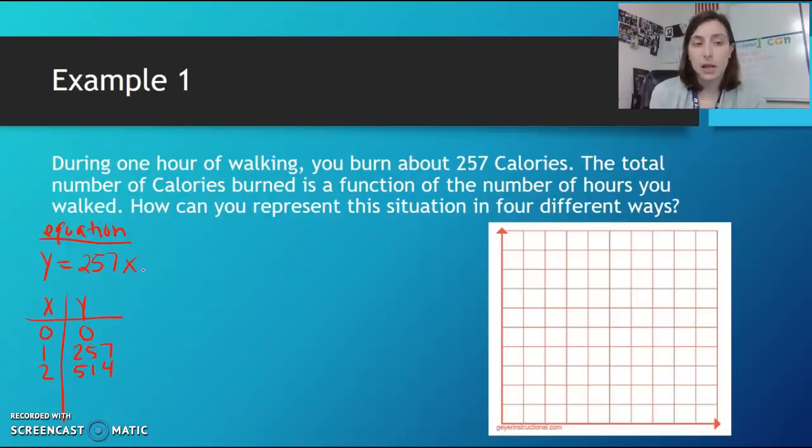I'm just taking when x is 2, plugging it in, taking it times 257. If x is 3, so 3 hours, take that times 257, and I get 771. And if I walk 4 hours, then I'm going to burn 1,028 calories. So there's my equation. Here's my table. There's 2 representations.